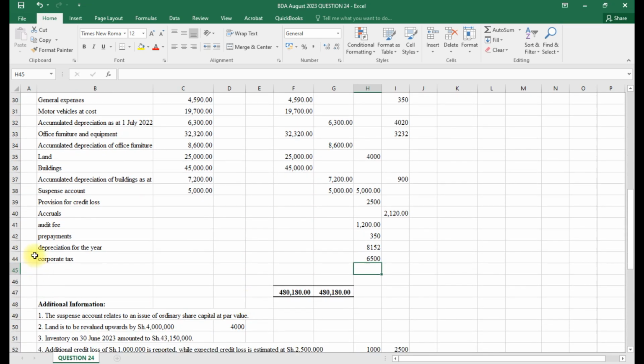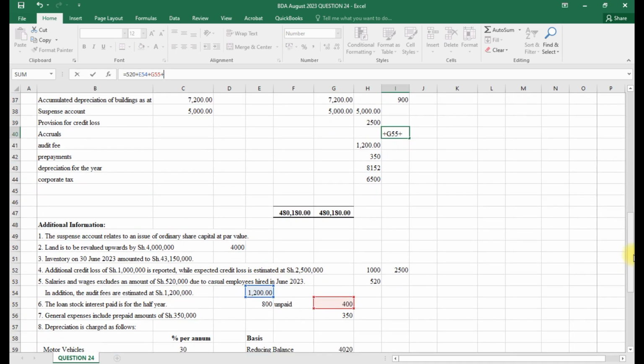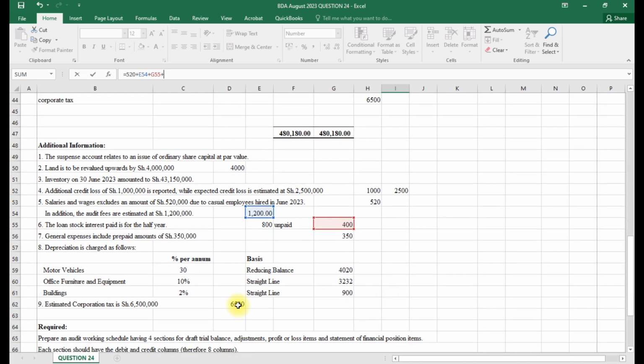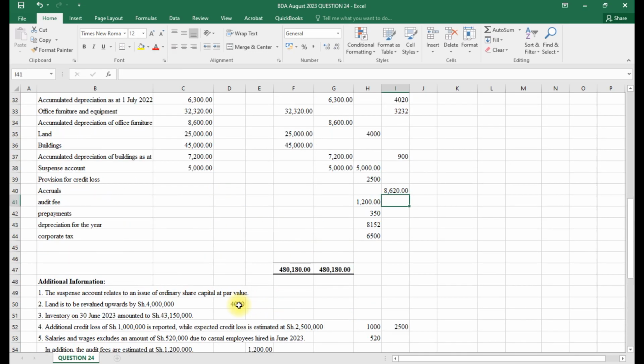So accruals for tax. So our accrual here will again add accruals. I will add what? The 6,500 for the accrual, that way.